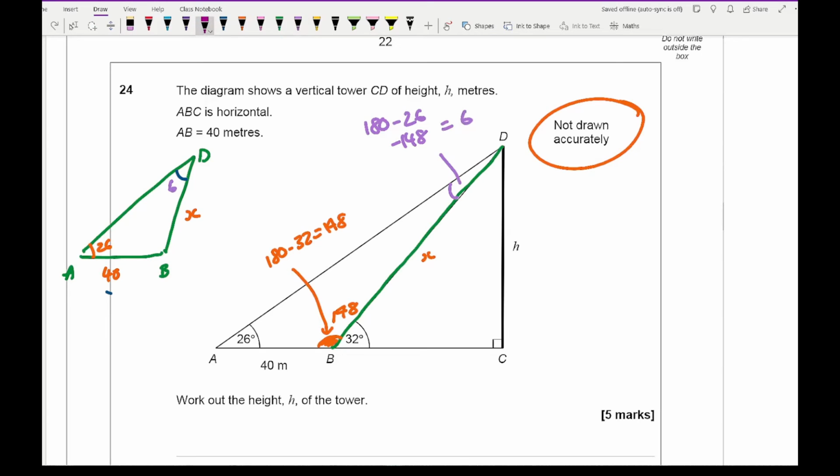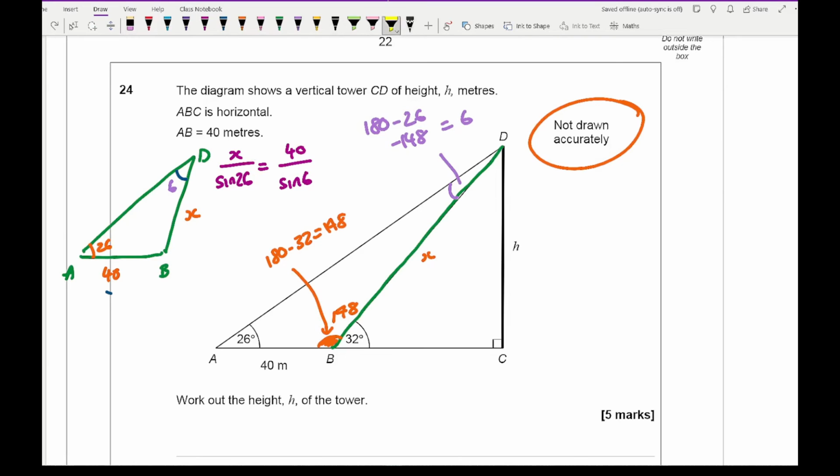So now from this triangle, I can use the sine rule to work out what x is going to be, using the opposite angles. So I know that x over sine 26 is equal to 40 over sine 6.